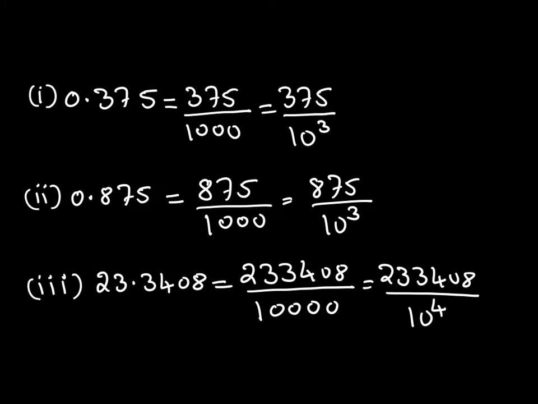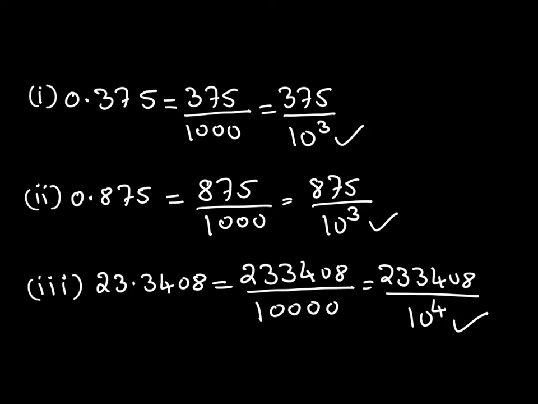Now if you observe these, all the terminating decimals have a denominator which is a power of 10. So we can conclude that any rational number with a terminating decimal will definitely have its denominator as a power of 10.